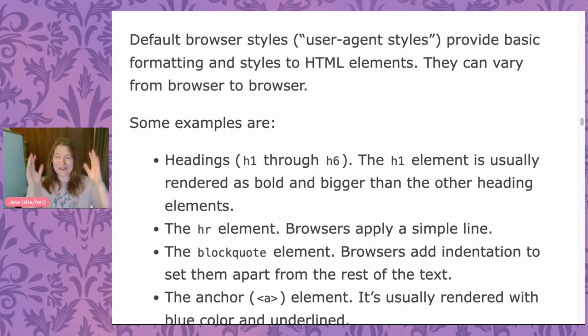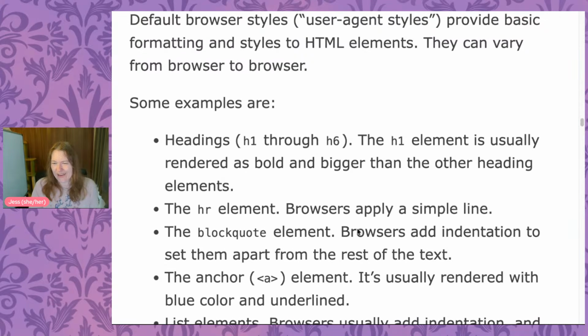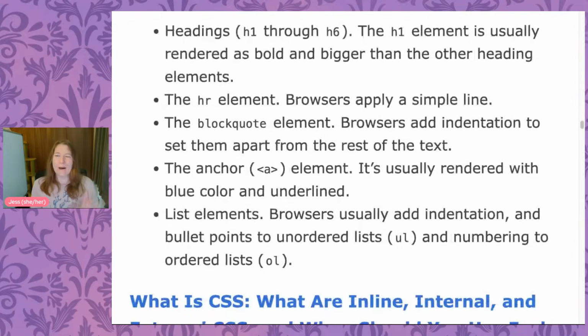By default, the H1 element is usually rendered bolder and bigger than regular text, and the boldest and biggest of all the heading elements, and then gets smaller. The HR element, which we talked about briefly, but is not used as often anymore, just creates visually a simple line. The blockquote element, which we talked about a week and a half ago, applies indentation to set that apart from the text.